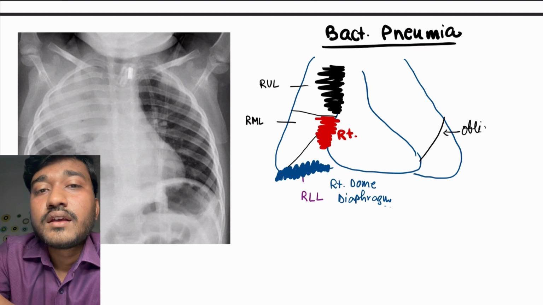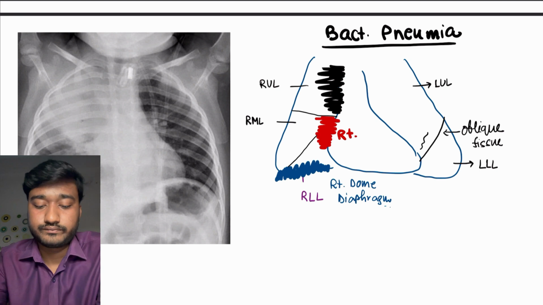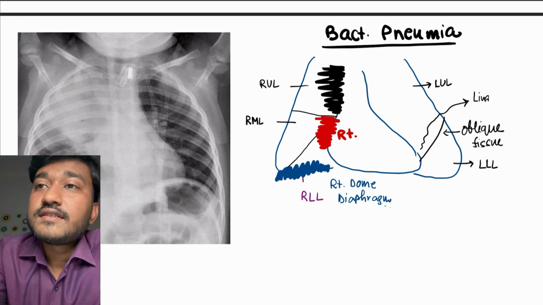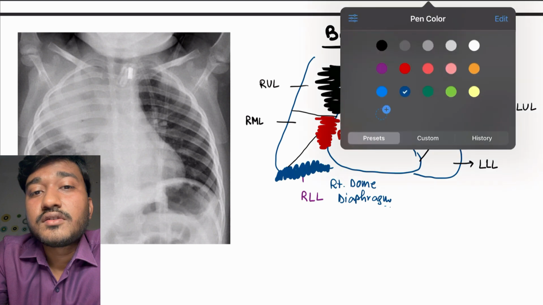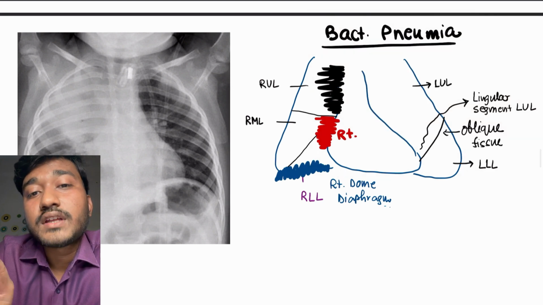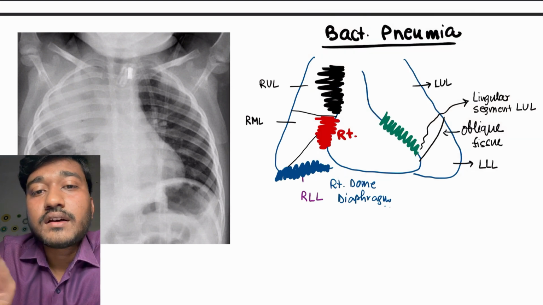Now this is the oblique fissure of the left lung, and above it there is the left upper lobe, below it there is the left lower lobe, and this is the lingular segment of the left lung. Now let's say there is opacification which obscures the left border of the heart.